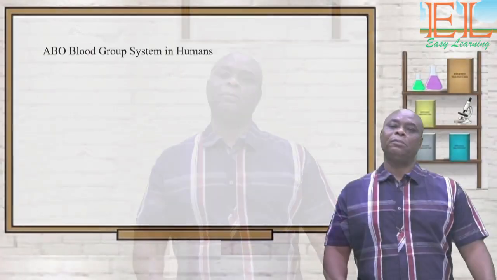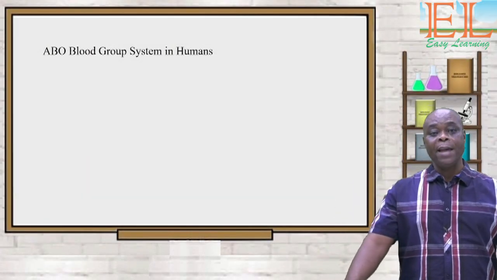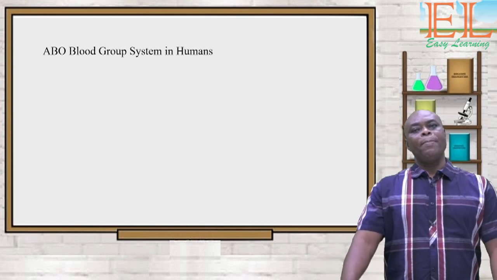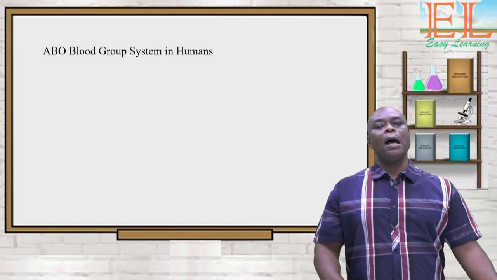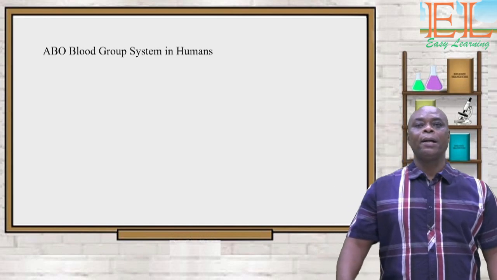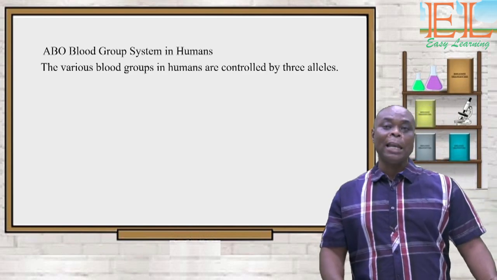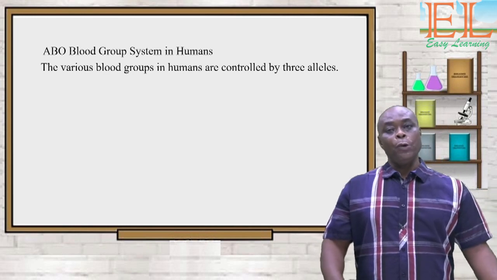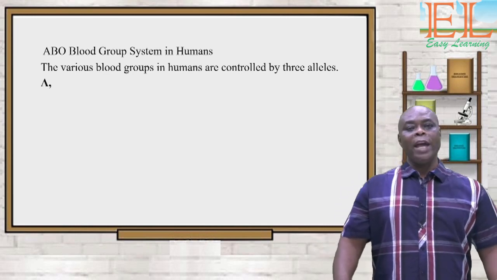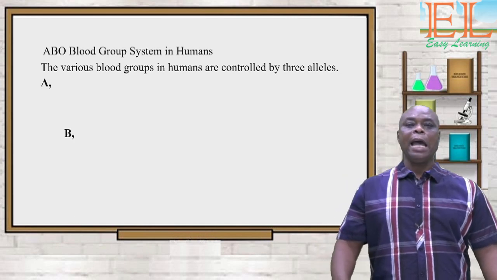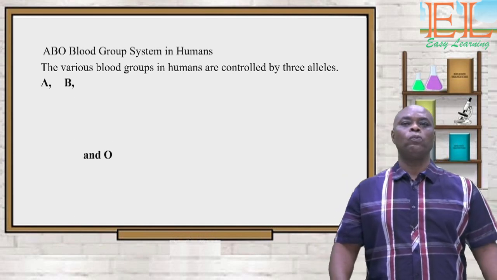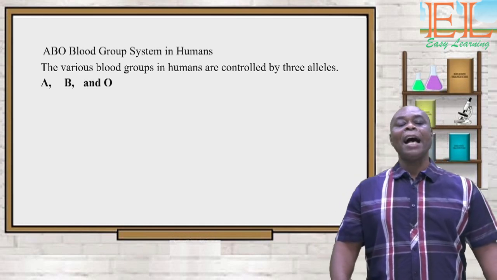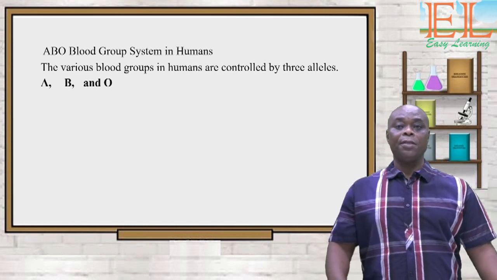Now let's begin. Let's look at the ABO blood group system in humans. The blood groups in humans are controlled by three different alleles. We have allele A, we have allele B, and allele O. Though we have three, each person has two of these three.